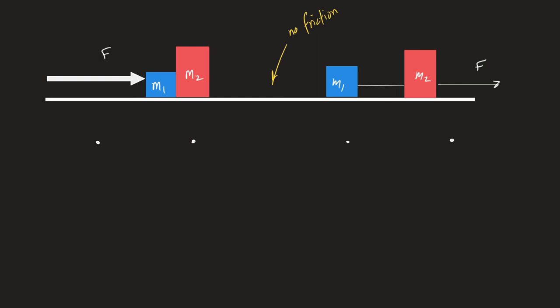So first, let's start out with the force on the M1 box, and let's just divide this in half real quick so we can understand we're dealing with two different problems, but they're very, very similar. All right, so the M1 box is definitely experiencing a force to the right.